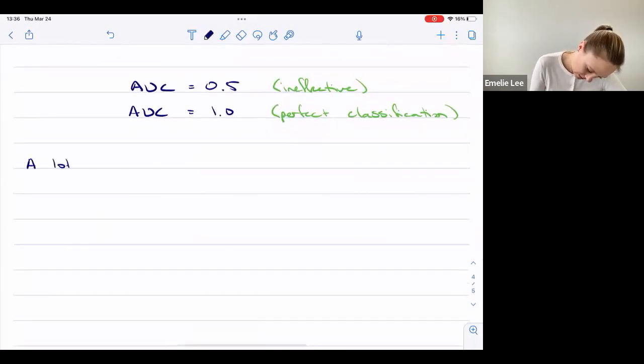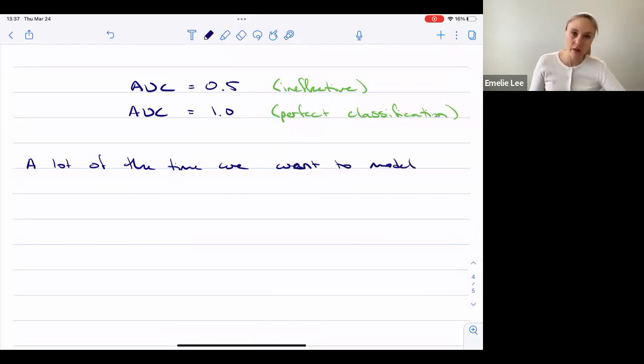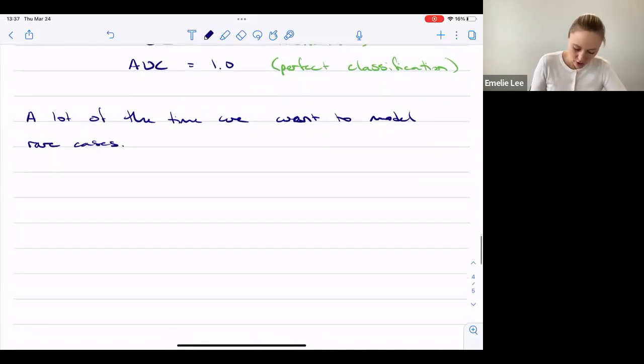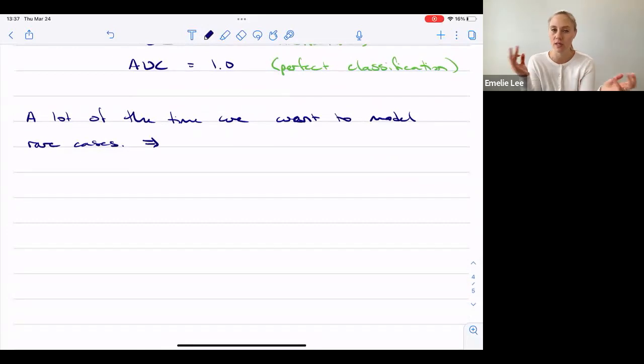A lot of the time we want to model rare cases, which translates to our sample usually only having a few ones and the rest are zeros.